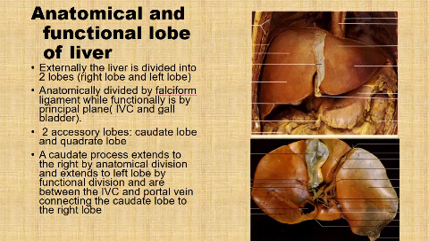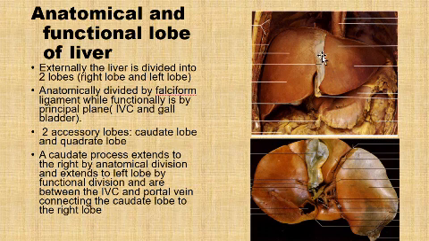So the liver, externally, is divided into two lobes, right and left. You can divide it anatomically or functionally.